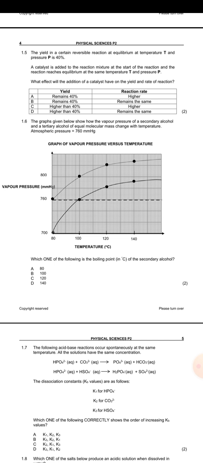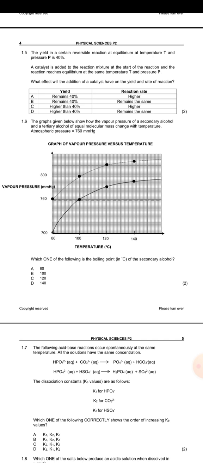Then by definition, we say boiling point. They're asking which one of the following is the boiling point of the secondary alcohol. By definition, we know that the boiling point is the temperature at which the vapor pressure of the molecule is equivalent to atmospheric pressure.